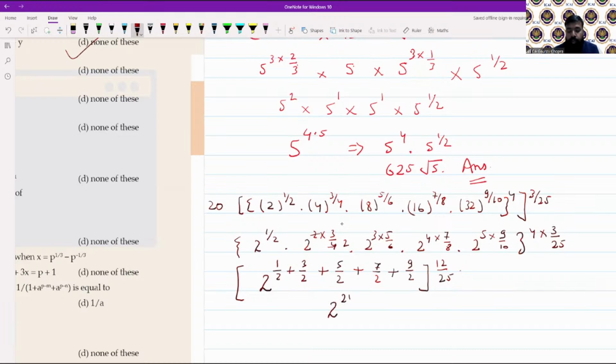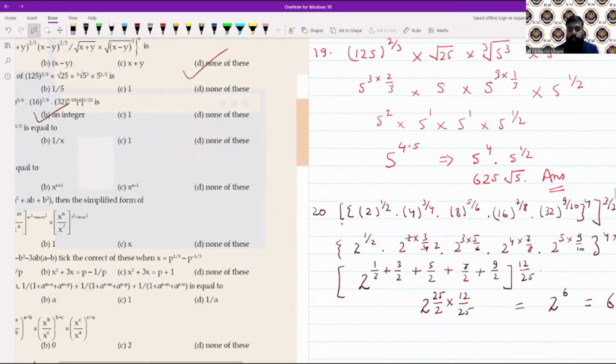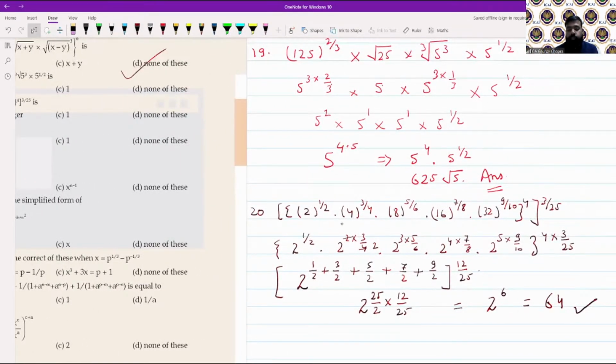So 2 to the power of 25 upon 2, multiplied by 12 upon 25. So 25 will get cancelled. What is left? 2 to the power of 6, and 2 to the power of 6 is 64. That is an integer, option B. Okay, so this will be the correct answer for question number 20.